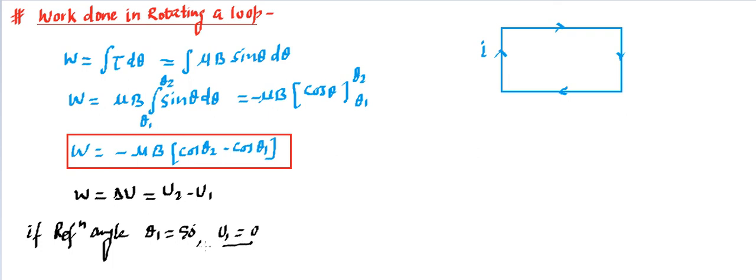That's a reference potential energy, you can call it. If you do so, then energy at any angle theta, or work done for any angle theta, is going to be minus mu B cos theta. So I'm replacing theta 2 by theta and theta 1 by 90 degrees, so cos 90 degrees will become 0.